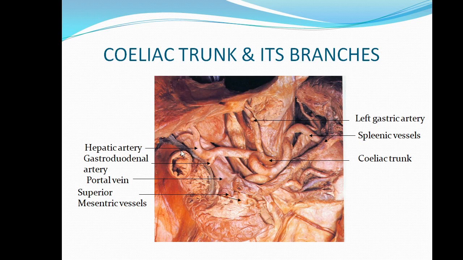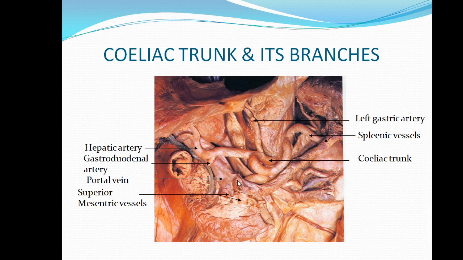Here you can appreciate the common bile duct, the hepatic artery, and the portal vein, which lie in the right free margin of the lesser omentum. And here the relation is that the portal vein is posterior, the hepatic artery is anterior and to the left, and the bile duct is anterior and to the right.